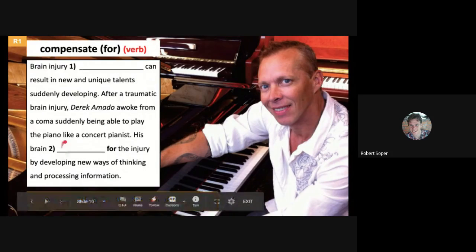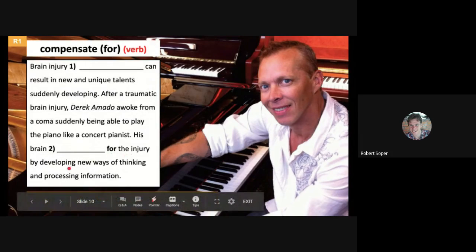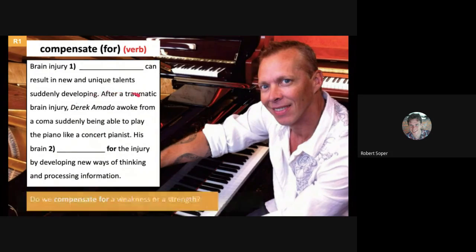Number two, his brain compensated for the injury by developing new ways of thinking and processing information. Why compensated for? Well, hopefully you realize that this was in the past, okay?